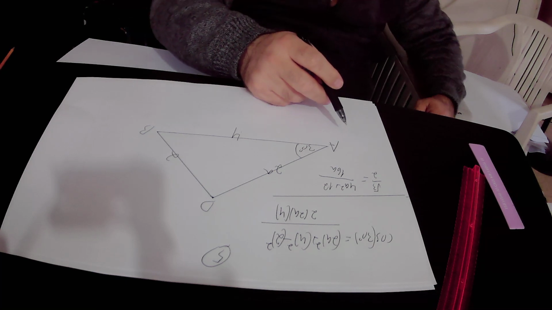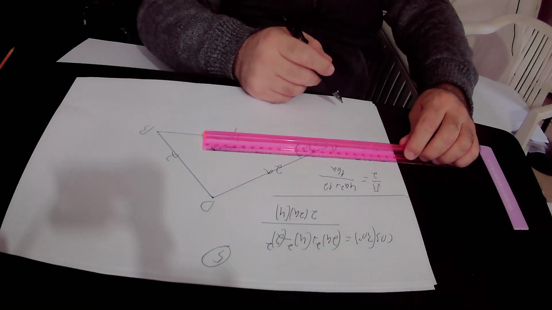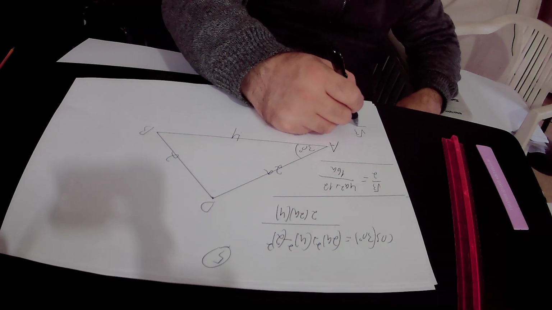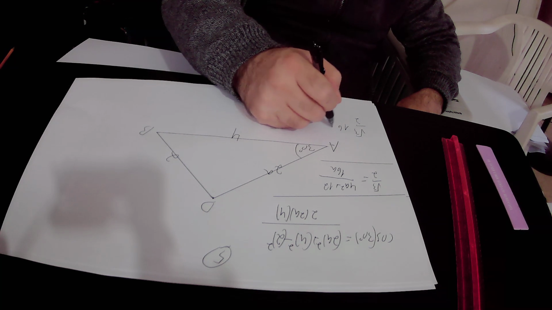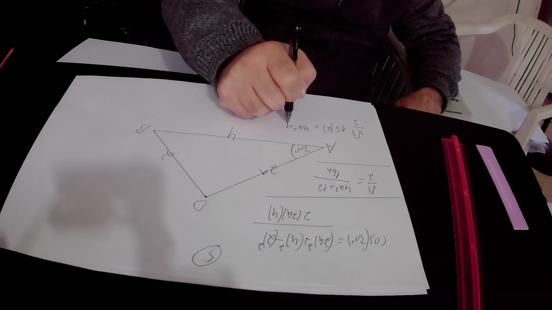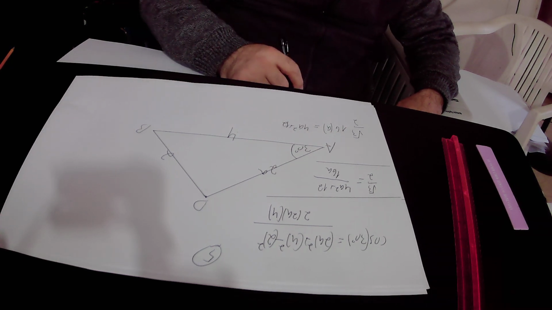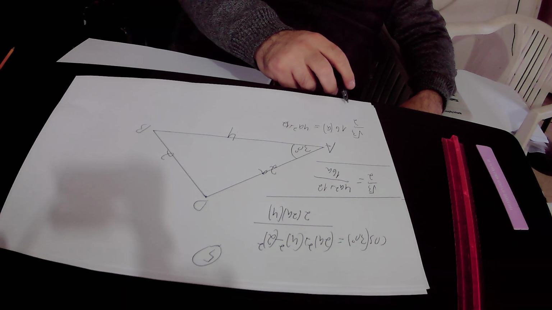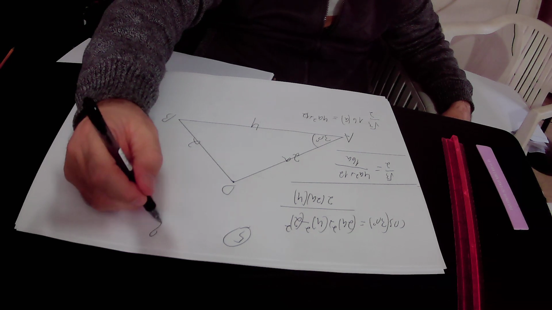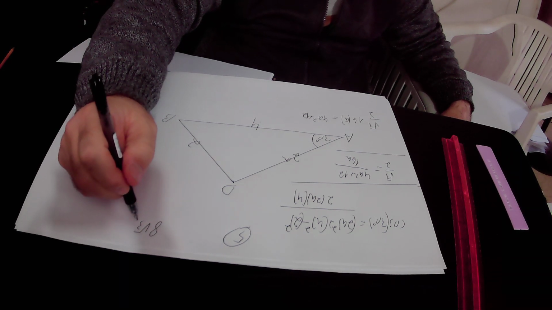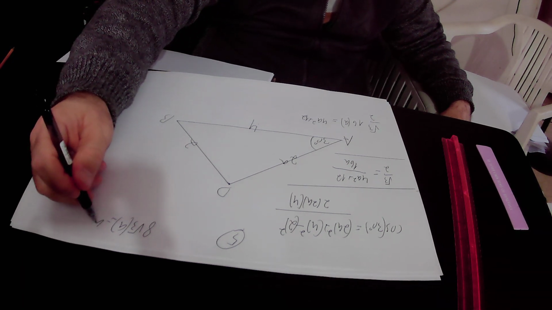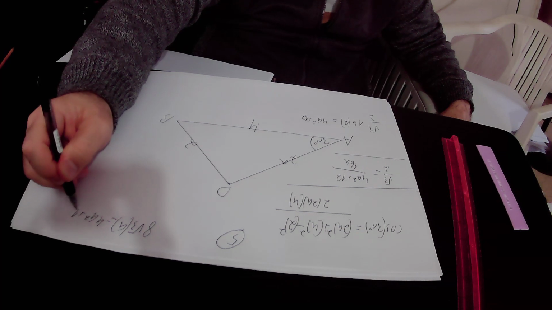We will multiply this equation by 16A, and we will get that square root of 3 over 2 times 16A equals 4A squared plus 12. 16 over 2 is 8, so we will get 8 times square root of 3 times A equals 4A squared plus 12.